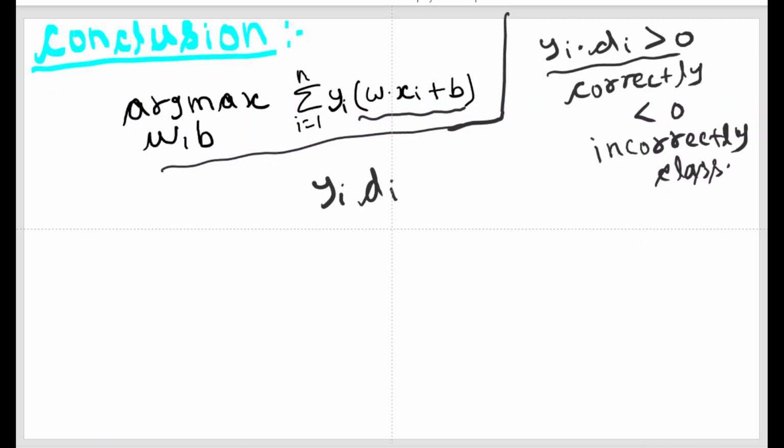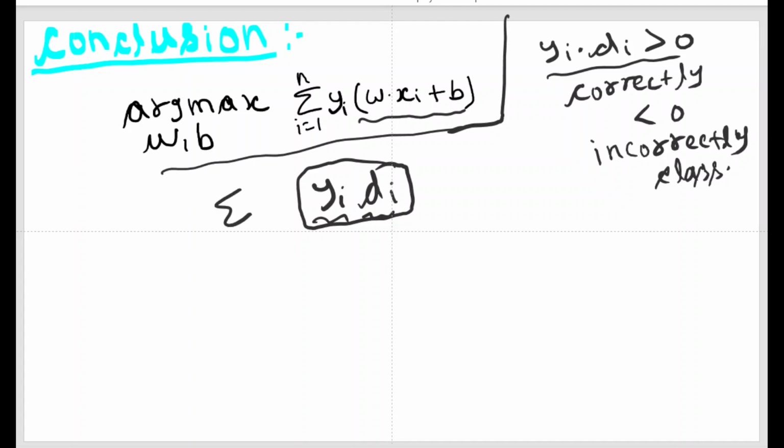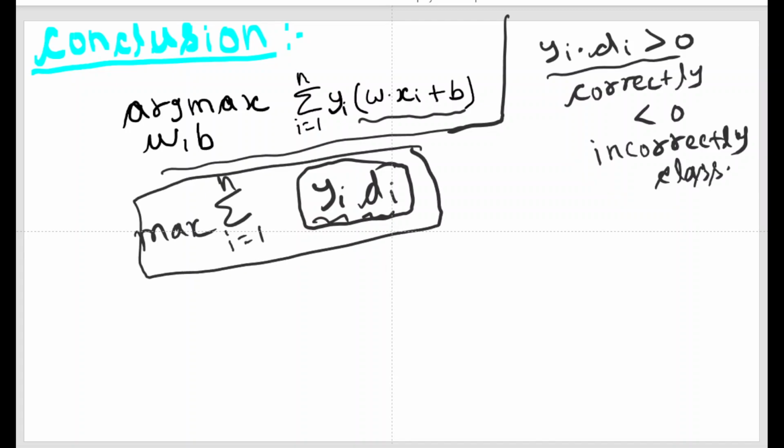We want the max of yi and di, as max as possible, because when there are negative values, this will have a lesser value. So we have the given data and we have yi and di. We go through i equal to 1 to n, and our aim is to find the maximum value of this, as much as possible.